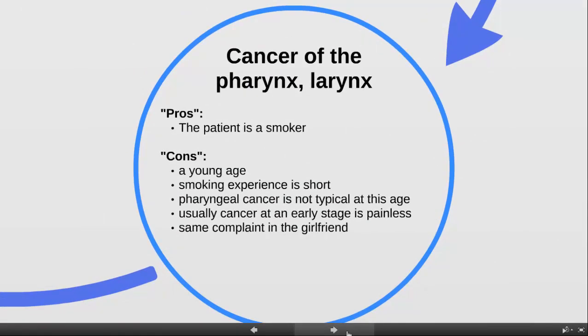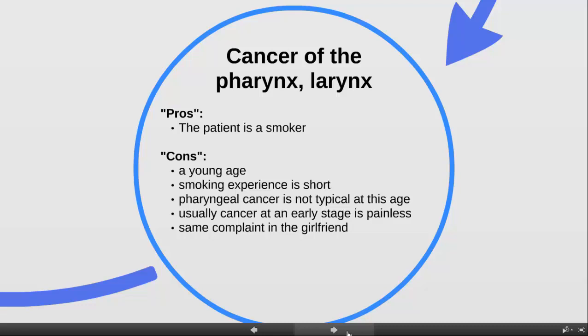Maybe it's cancer of pharynx or larynx because the patient is a smoker and this condition can happen in smokers. But unlikely I will think about this diagnosis as a proper diagnosis in this case because our patient is young. His smoking status is short.